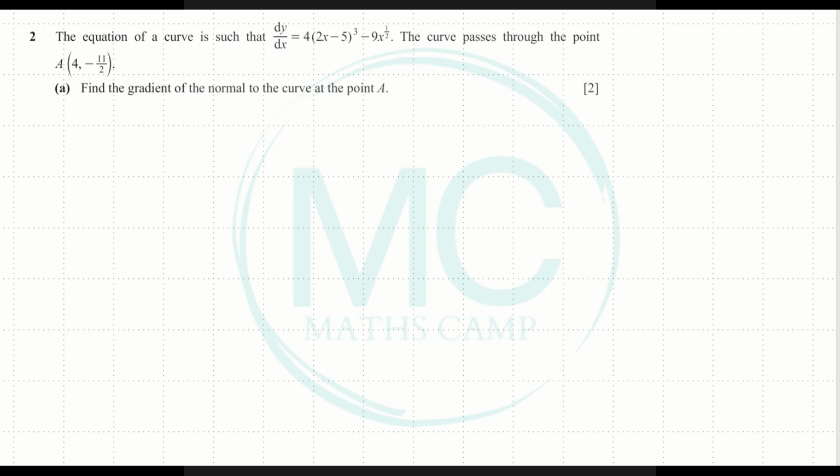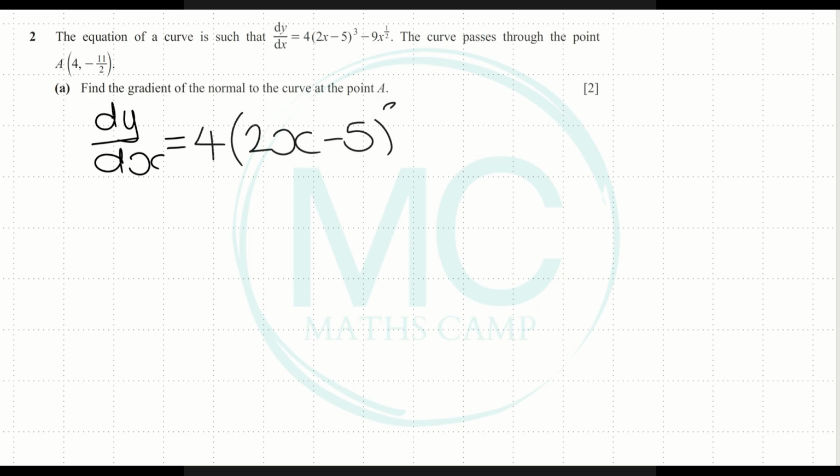So let's rewrite our equation for the derivative over here. dy over dx is equal to 4 multiplied by 2x minus 5 cubed minus 9x with an exponent of 1 over 2. The curve passes through the point A with an x-coordinate of 4.